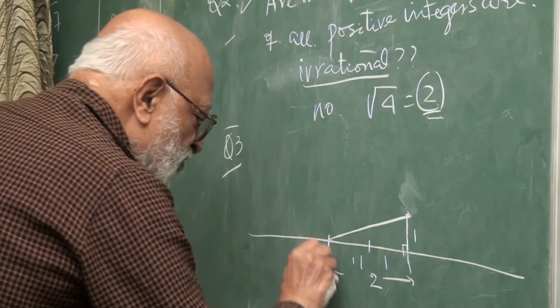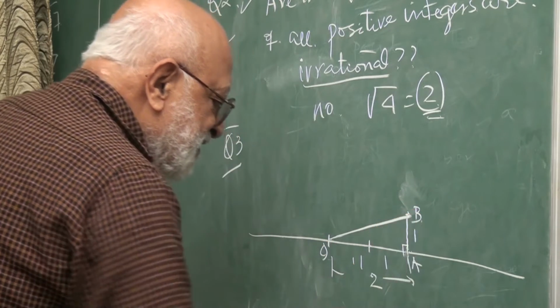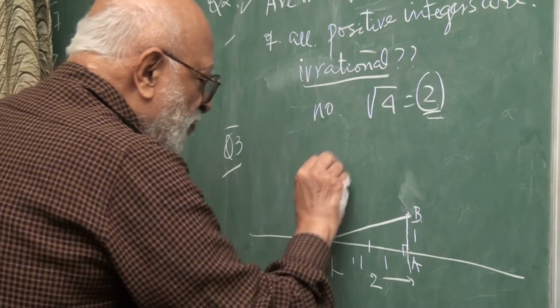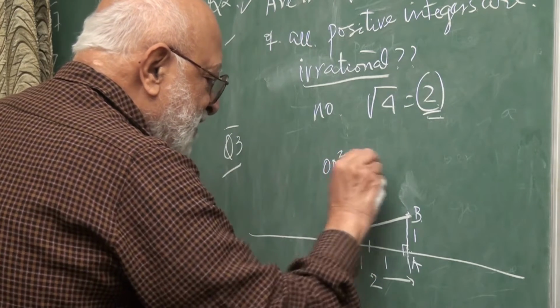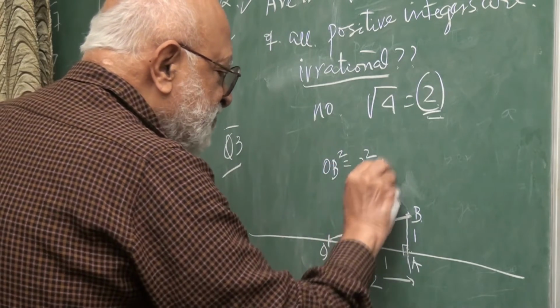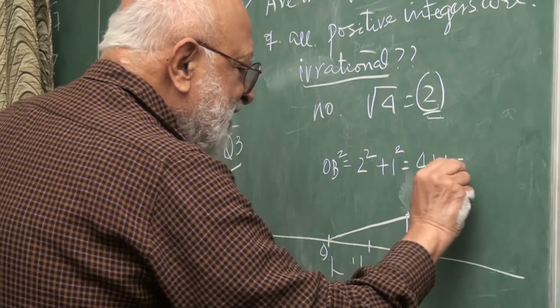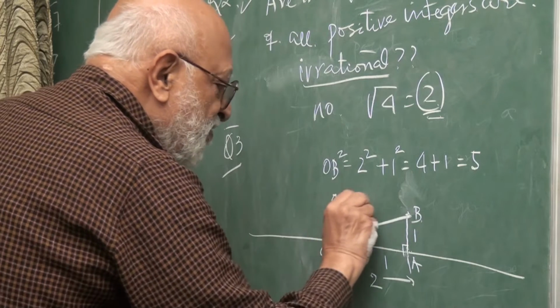So let us say O, A and B. OB square would be equal to 2 square plus 1 square, that is equal to 4 plus 1, that is equal to 5. Therefore OB is equal to root of 5.